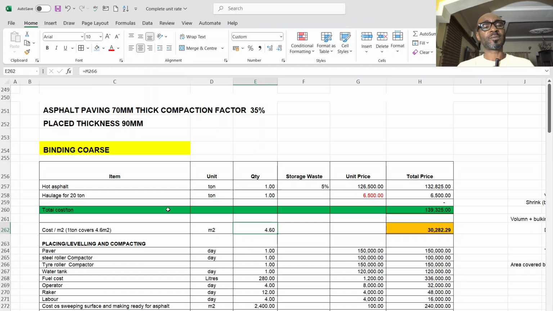Another thing we need to know is the coverage of a ton of asphalt for different thicknesses. If you don't know how to calculate the coverage for a ton, you can be deceived on site, because we have so-called experts out there who are not trained, but over time, because they've worked on road work, they assume to be experts in it.